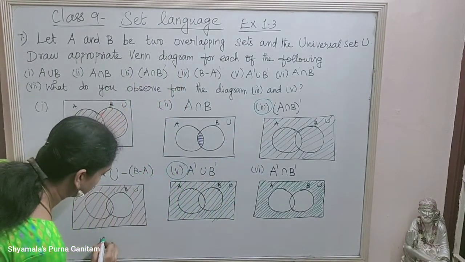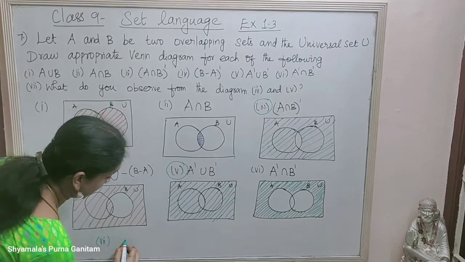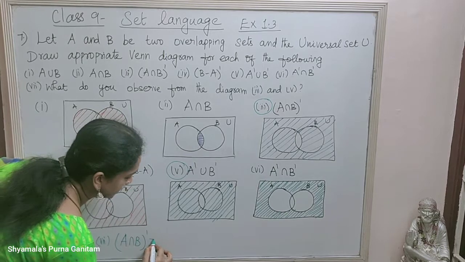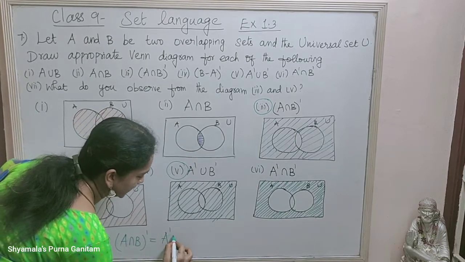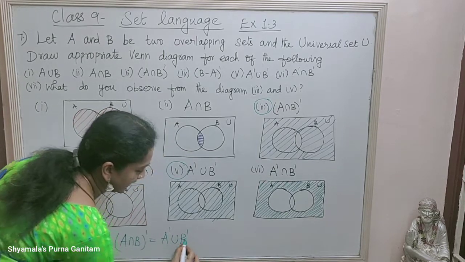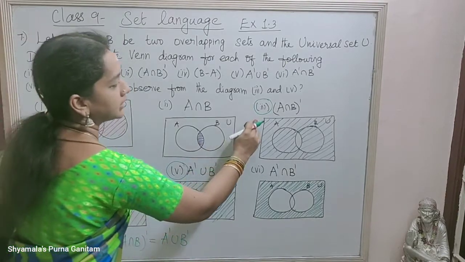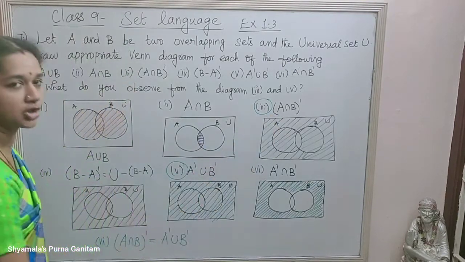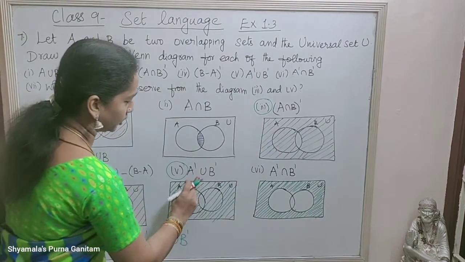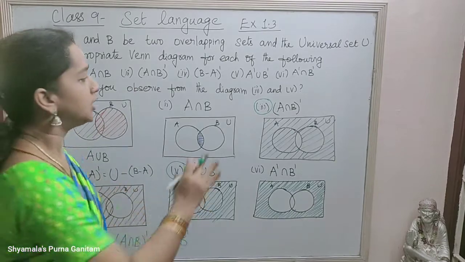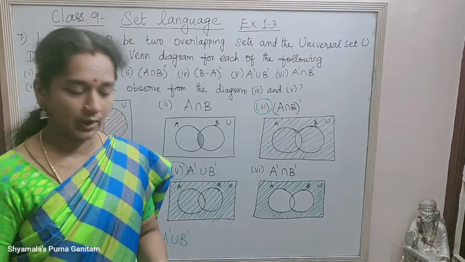So we can say that A intersection B, the whole dash, is equal to A dash union B dash. So we have observed that both the sets are equal.